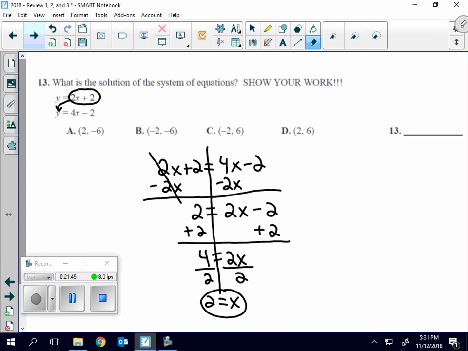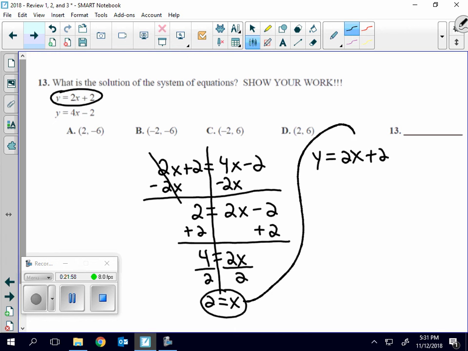So we have x, we need to get y. Okay, I'm going to rewrite this first equation right here. We have y equals 2x plus 2. Okay, and I'm going to plug this x in for that one. So y equals, this is multiplication, it's 2 times x.